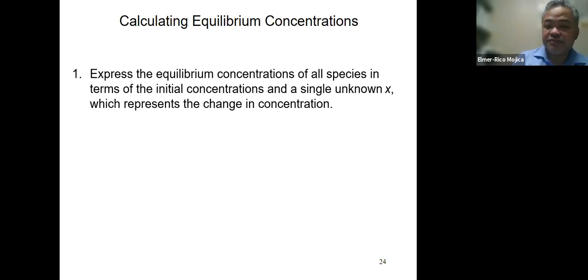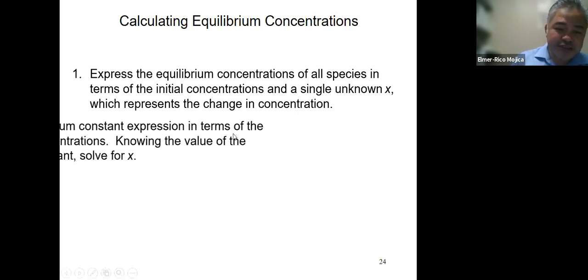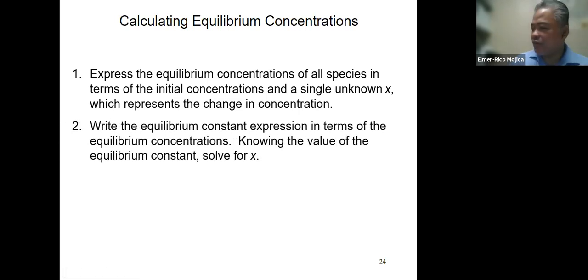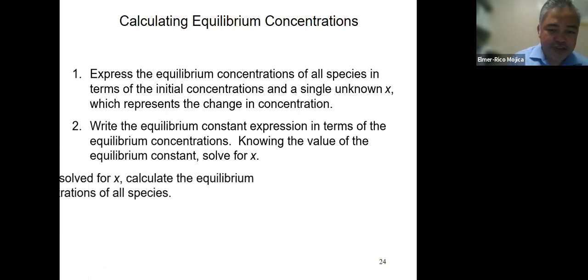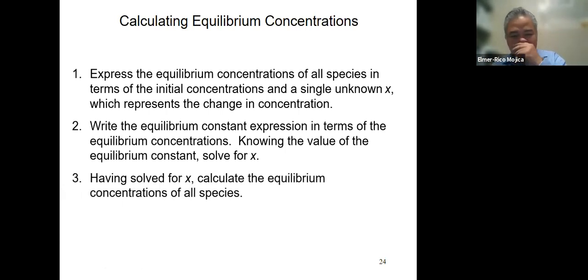Okay, so you have here an X. The next step is to write the equilibrium constant expression in terms of the equilibrium concentrations. Knowing the value of the equilibrium constant, which is Kc, you can solve for X. And once you solve for X, you can calculate the equilibrium concentrations of all species. Let's try.